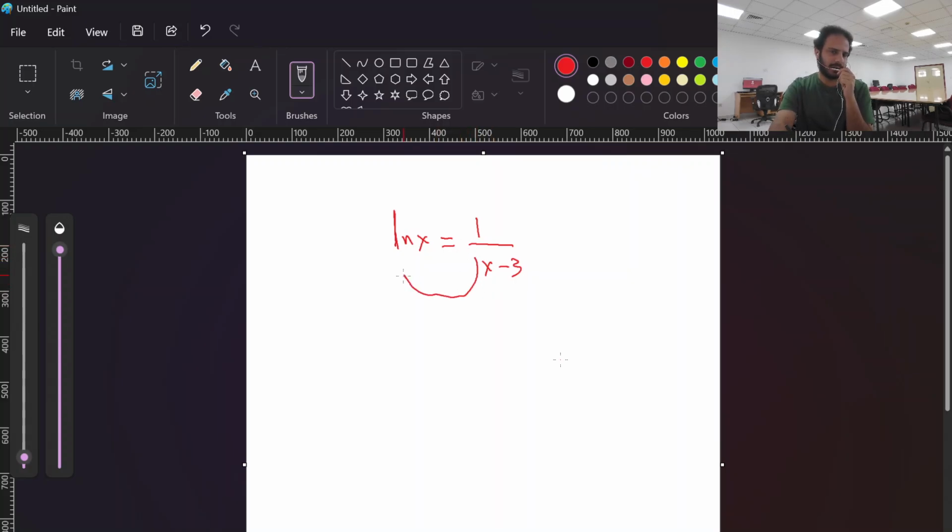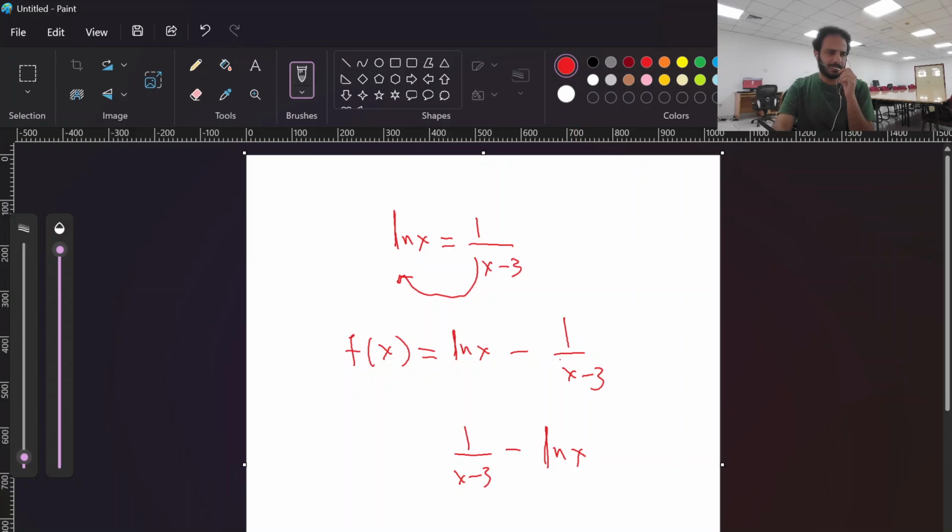You subtract this from both sides, or you subtract ln x from both sides. So for example, you can have the function f of x equals ln x minus 1 over x minus 3. This is one way. The other way, 1 over x minus 3 minus ln x. So this or this, as you like.